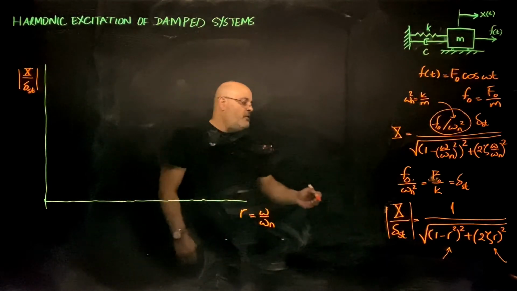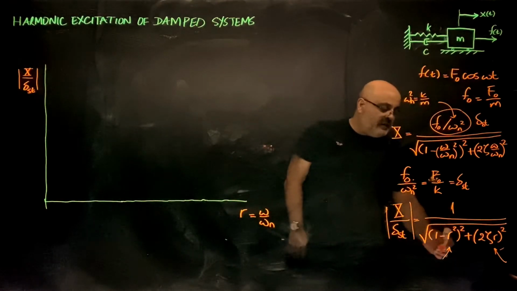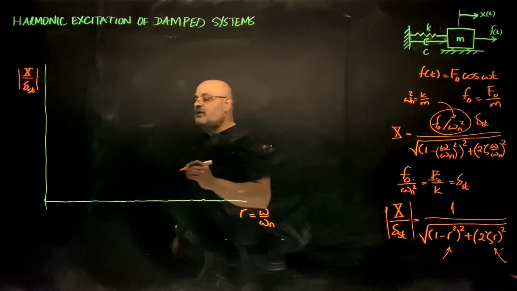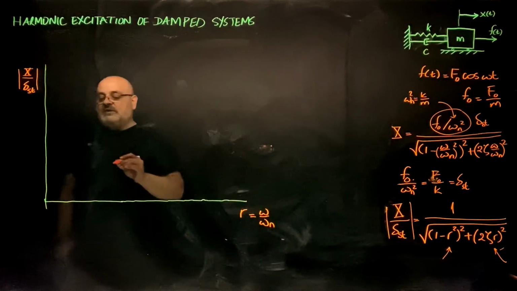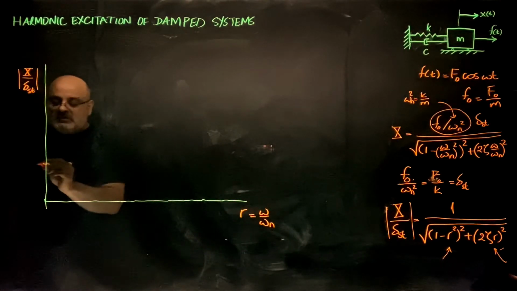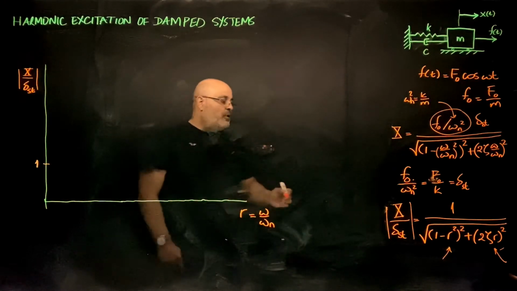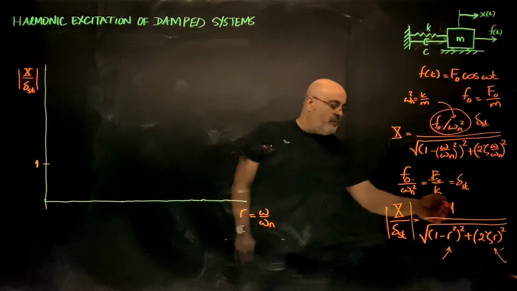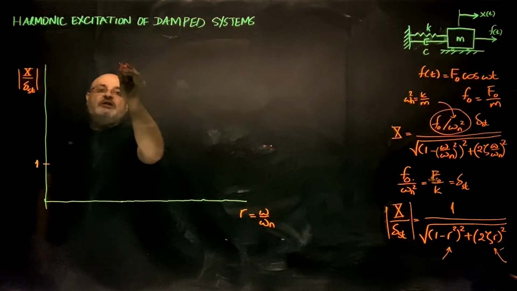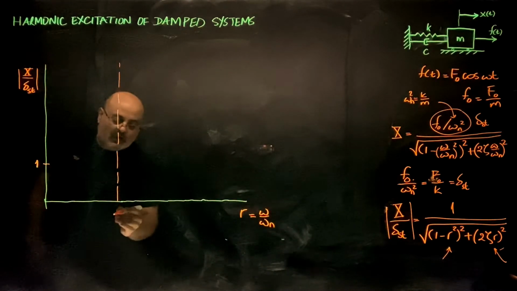If zeta is 0, then this term is 0, and we'll end up with just 1 over 1 minus r squared, just like the previous case with the undamped system. And when r is 0, it's 1 by 1, which is simply 1. That's where the curve starts. And when r is equal to 1, it becomes 1 divided by 0, so it will go to infinity at 1.